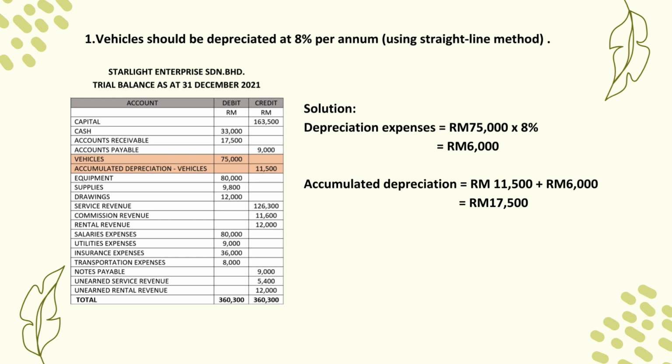And how to calculate accumulated depreciation? The accumulated depreciation for vehicles in the trial balance, you need to add the depreciation expenses, which is 11,500 ringgit plus 6,000 ringgit, you will get 17,500 ringgit.